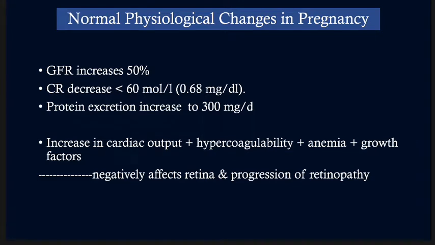And again, we have physiological anemia due to pregnancy and hypercoagulability. Because again, as I said for diabetes, the pro-hormonal status of pregnancy puts patients at risk of coagulopathies, thrombosis, thromboembolism, and so on.